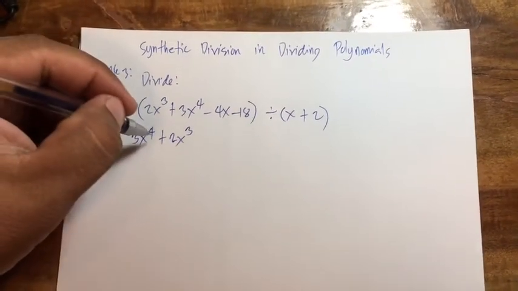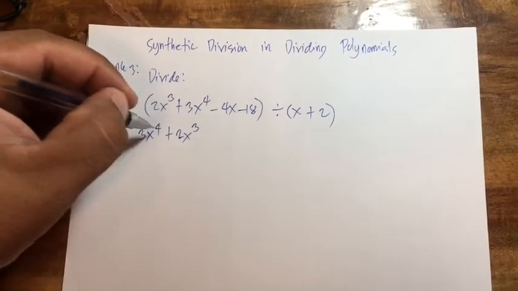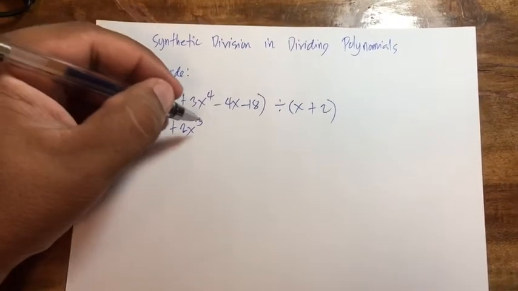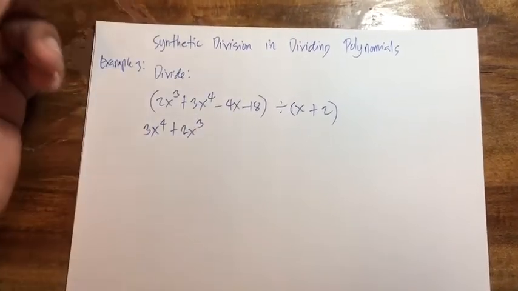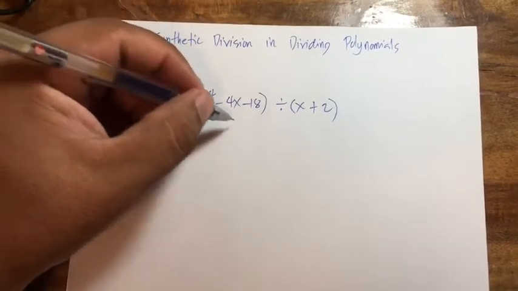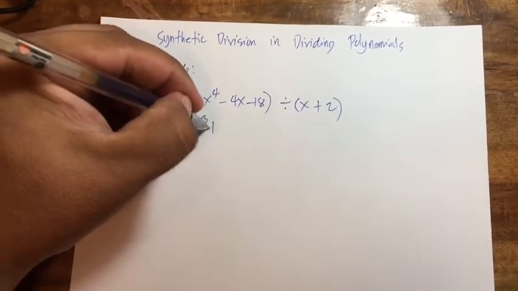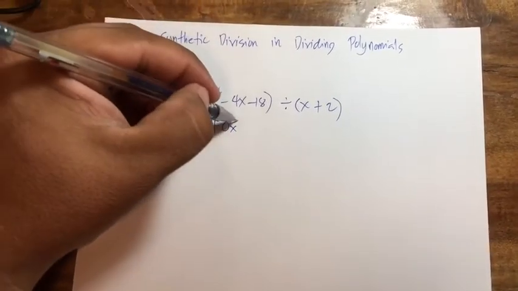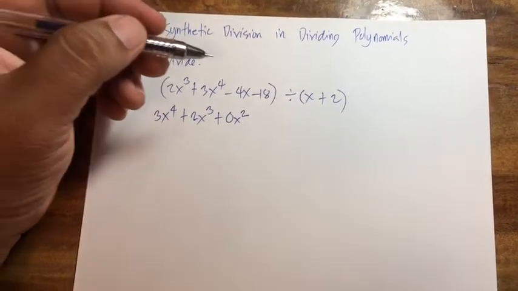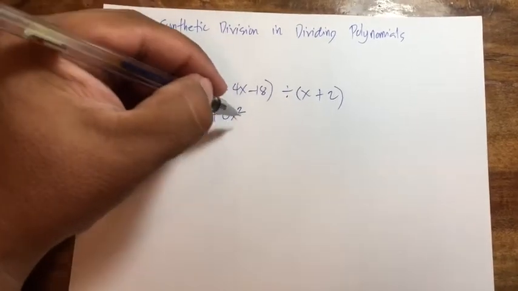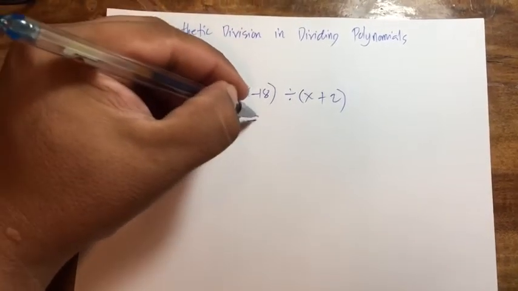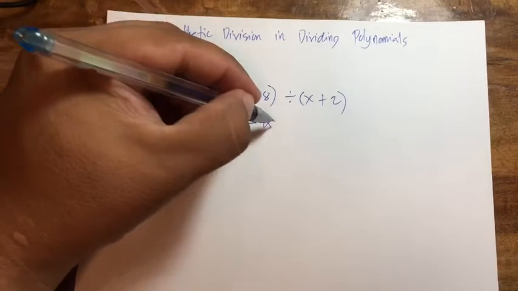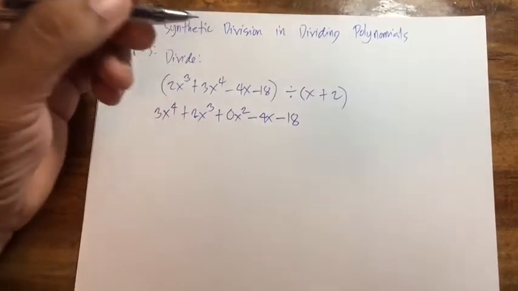Then we miss the power of x with exponent 2, so here we will insert 0x squared. Then after that, we will write negative 4x minus 18.